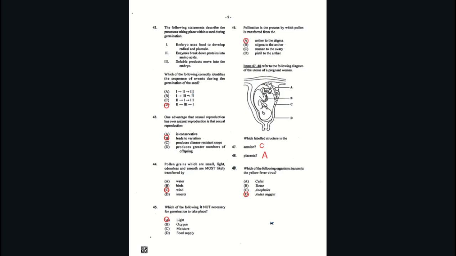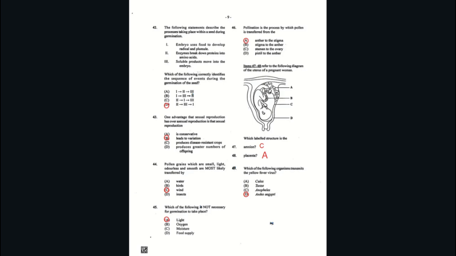Which of the following correctly identifies the sequence of events during the germination of the seed? The correct answer is D. First, enzymes break down proteins into amino acids. Then 3, soluble products move into the embryo. And then 1, embryo uses food to develop the radicle and the plumule.